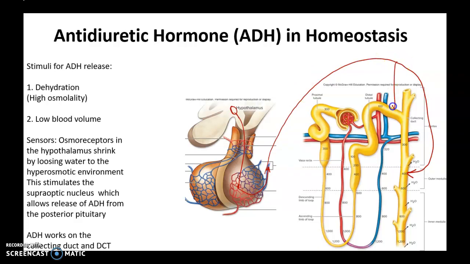It will also work on the collecting duct. So these are the two target sites for ADH. And then ADH will cause these two places to reabsorb more water from the filtrate, which will eventually help to increase blood volume and blood osmolality.